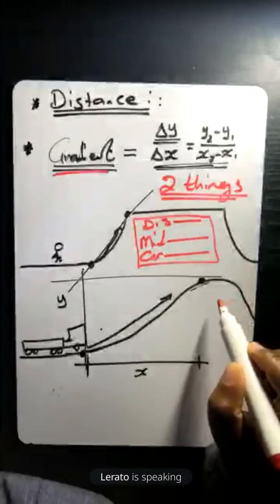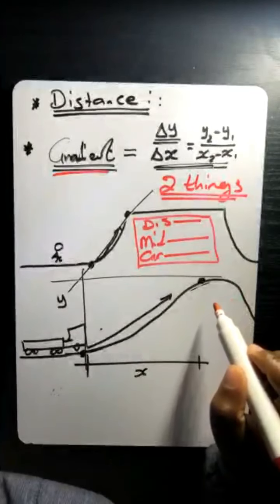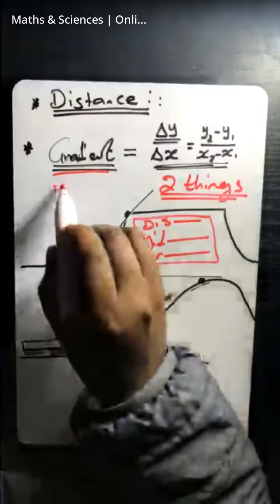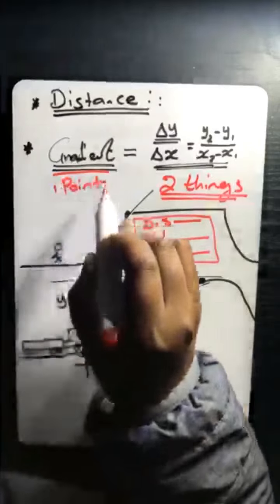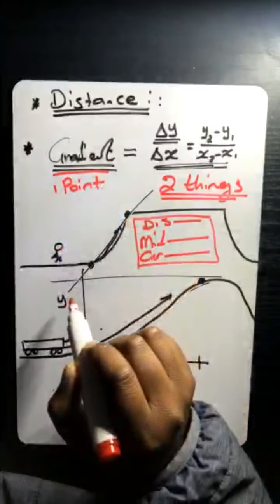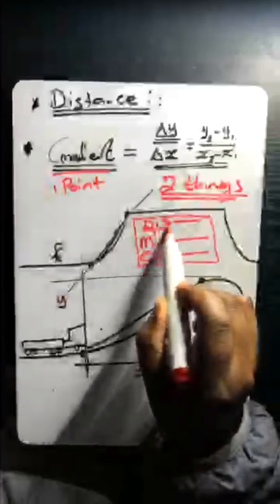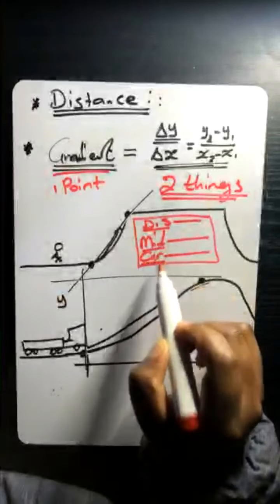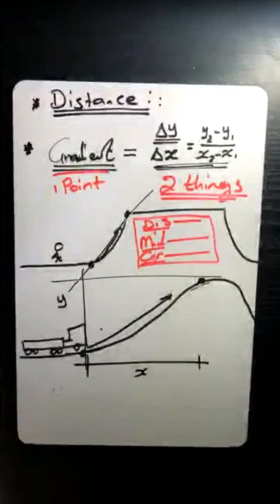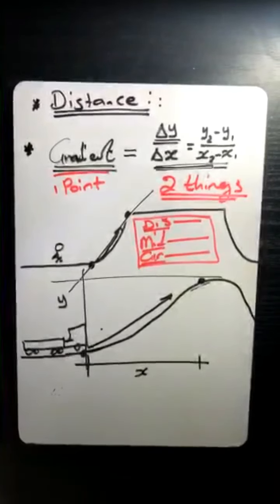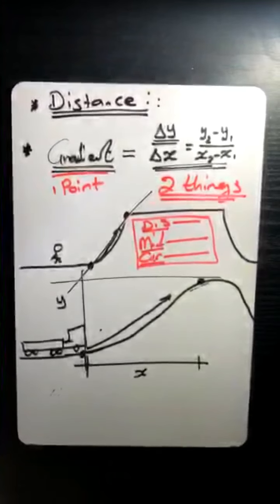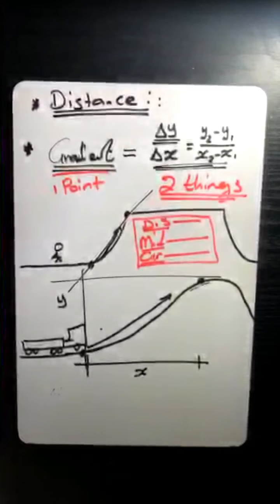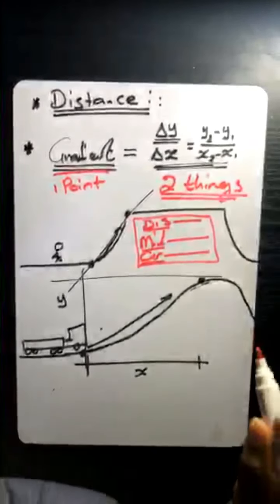So what the examiner does is try to be tricky by giving you one point, for example, and then somehow giving you either the distance, the midpoint, or the gradient, and asking you to calculate something. So just make sure, ladies and gentlemen, that you remember all this information that I'm explaining. Very, very important, ladies and gentlemen.